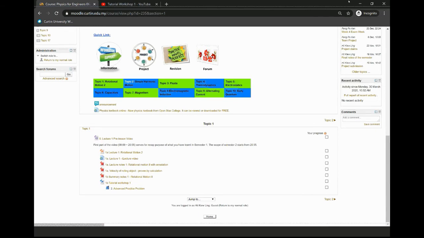Look at the first part. It's about torque and moment of inertia.